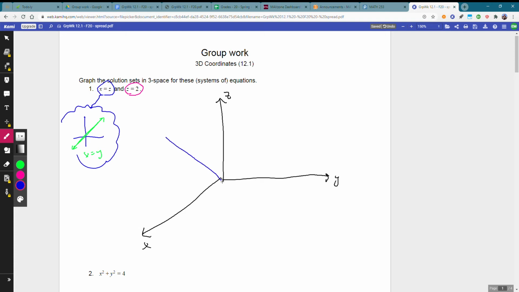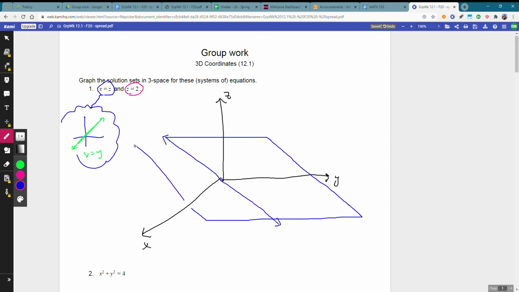But notice, since y is not involved at all, this diagonal line that we've just drawn is going to spread out right and left in that y direction. And so doing that, we'll get this plane. It's kind of awkward to get the perspective here.